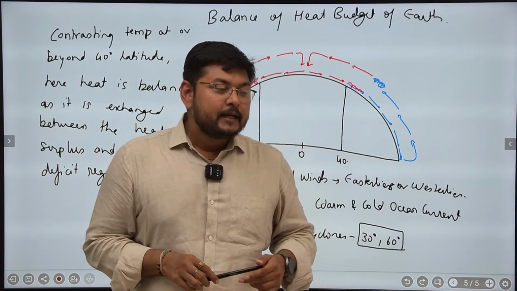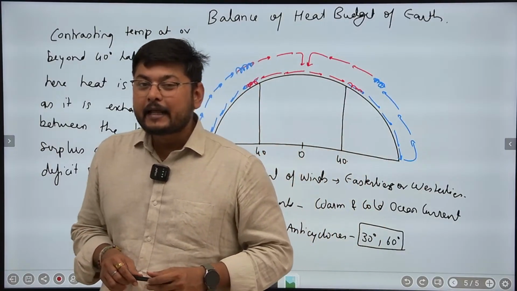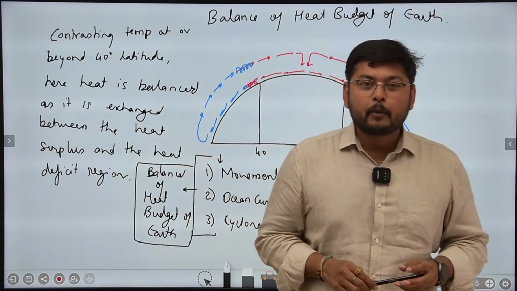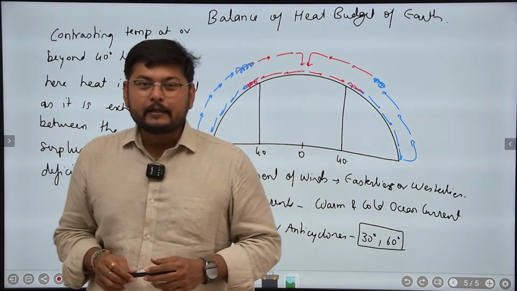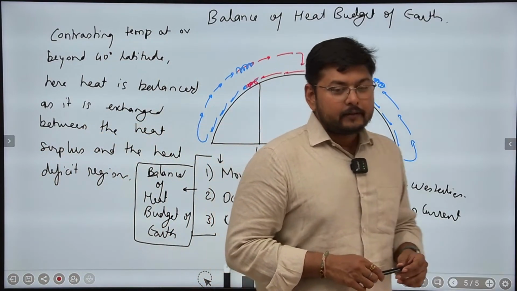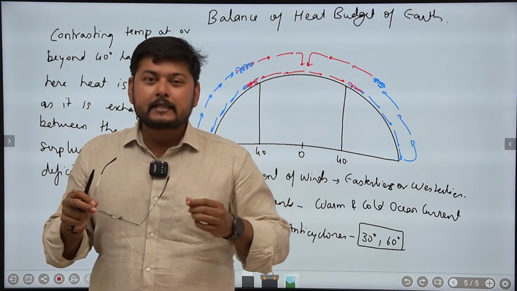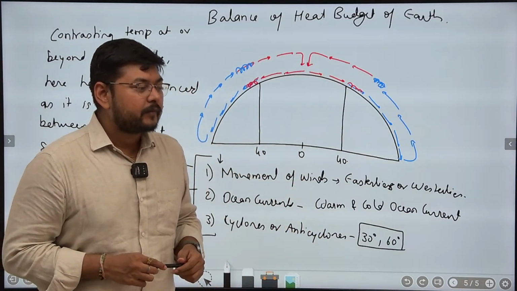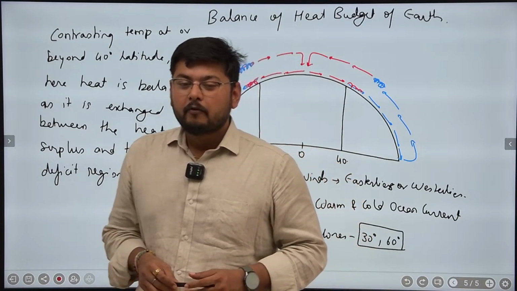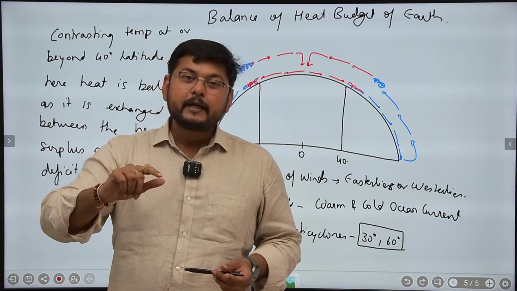So global warming, what exactly is it? It is the increase in the stay time of the amount of energy present over the Earth's atmosphere, due to the greenhouse gases like carbon dioxide, methane, water vapor, halides, meaning chlorine, bromine, iodine.